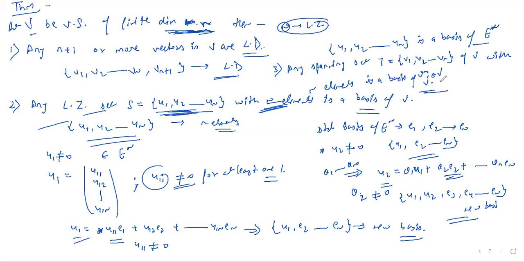So it is easy to see that if I have a spanning set which has n elements, and the dimension is also n, then it means that it contains n linearly independent vectors which generate the whole vector space.